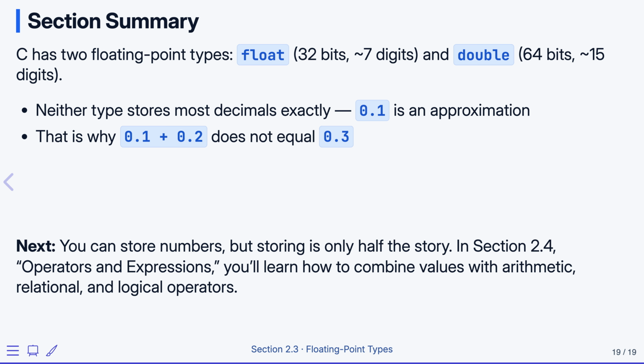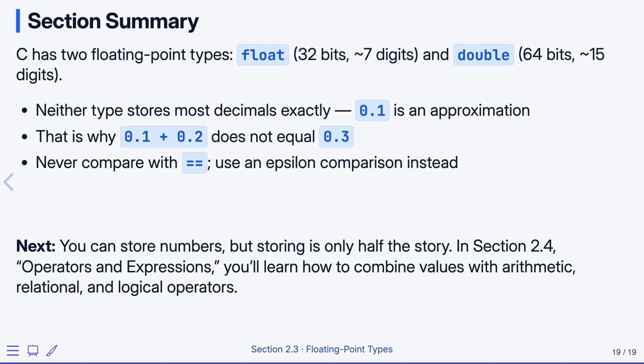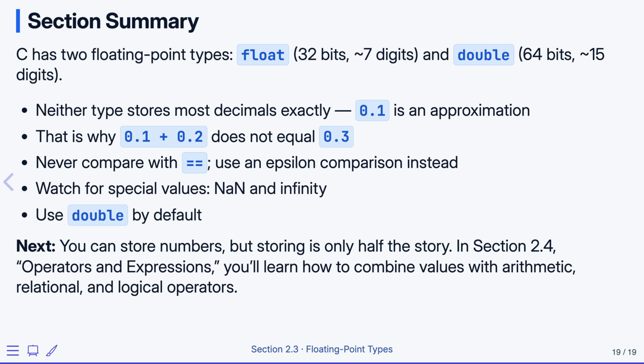That is why 0.1 plus 0.2 does not equal 0.3. So never compare floating point values with the double equals sign. Use an epsilon comparison instead. Watch out for the special values, NaN and infinity. And use double by default.